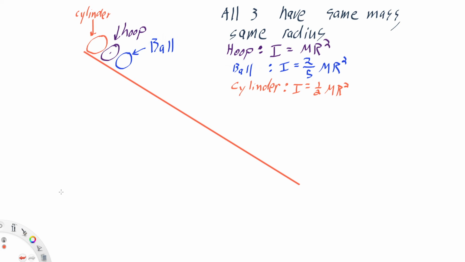There's a way to restate this question to make it a little simpler. We want to know which one gets to the bottom of the ramp first. But that's the same as asking which one is moving fastest when it gets to the bottom. Whichever one's moving fastest is going to have taken less time to get down there.